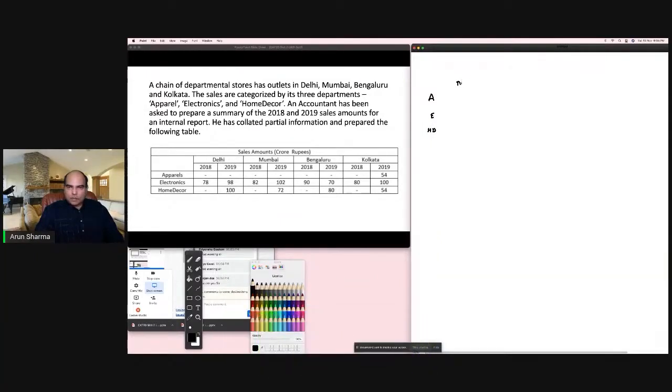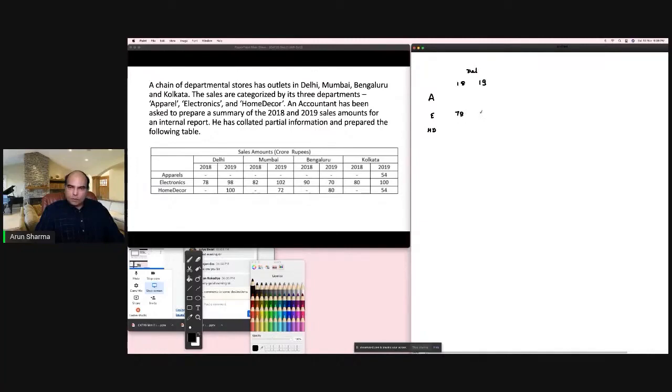So this is unavoidable. I need to keep some space for 18 and 19. So 18 Delhi is unknown, 19 Delhi is unknown for apparels. This is 78 and 98.